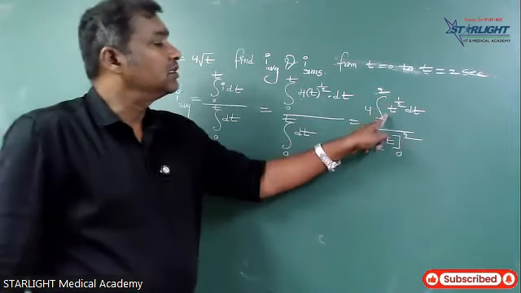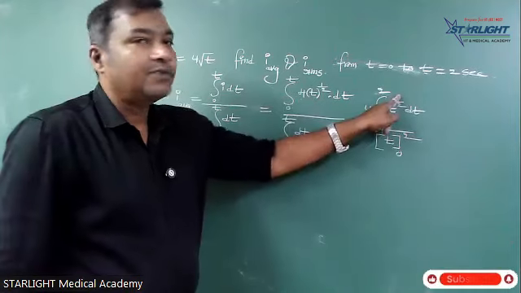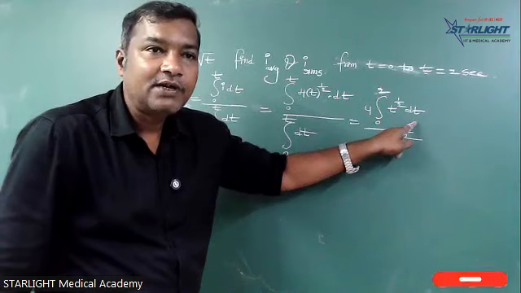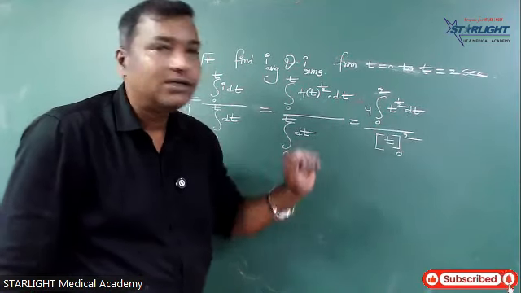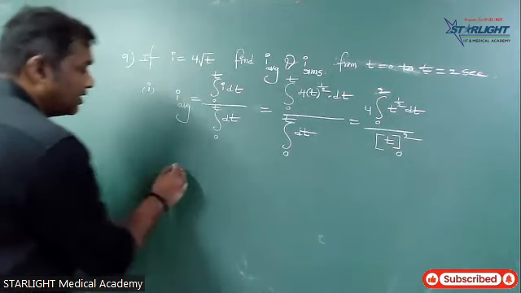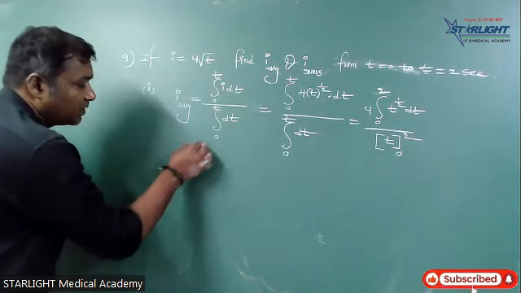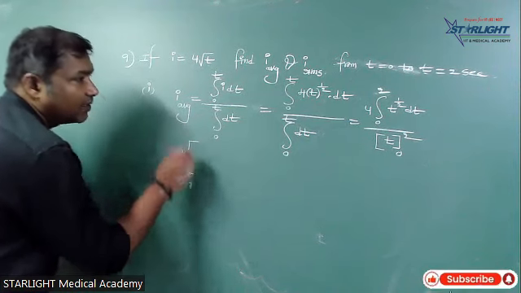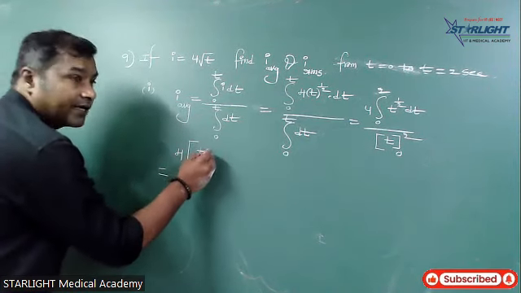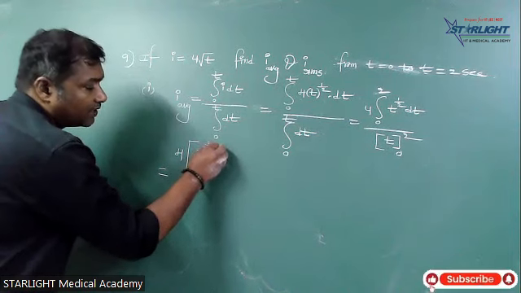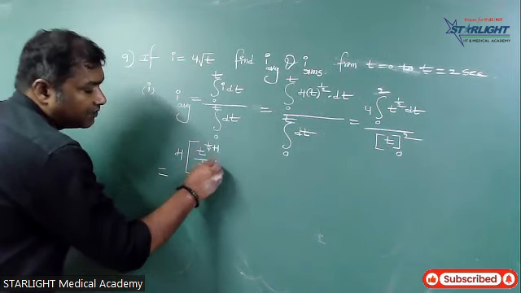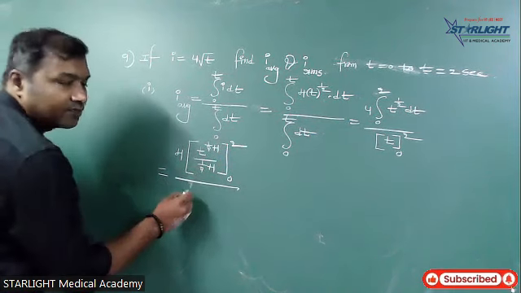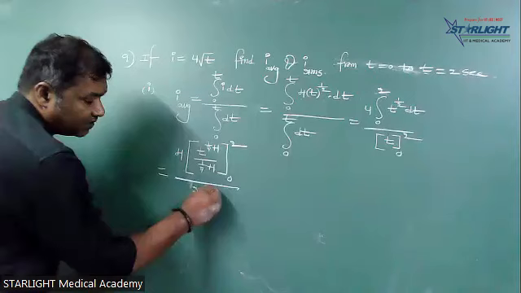Here also we use the integral x power n formula: integral x power n dx becomes x power n plus 1 upon n plus 1. What is n here? n is half. That is equal to 4 times t power 1 by 2 plus 1 upon 1 by 2 plus 1, with limits 0 to 2 on top, and 2 minus 0 at the bottom.